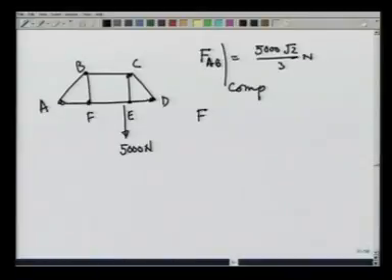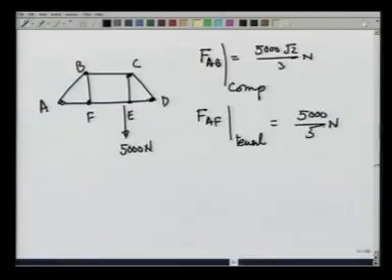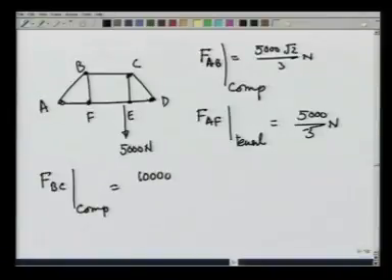Then FAF, which was tensile, came out to be 5,000 over 3 newtons. Then FBC, which came out to be compressive, and its value was 10,000 over 3 newtons.